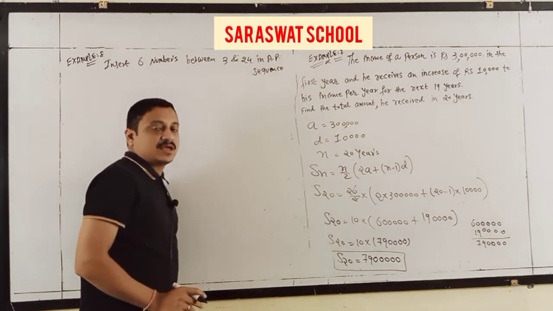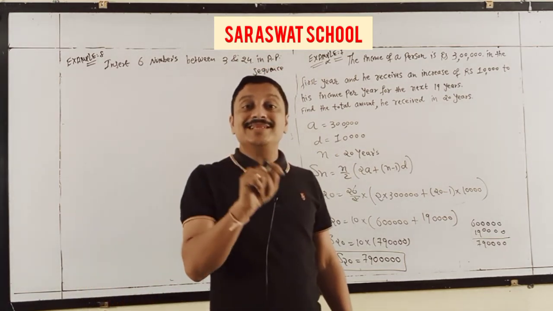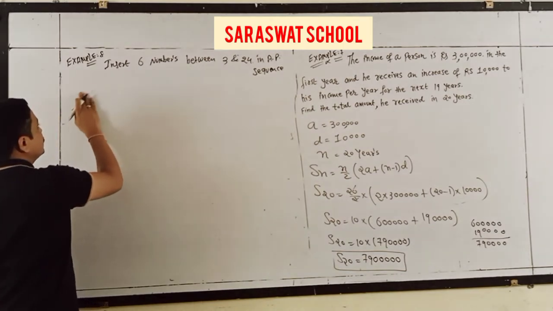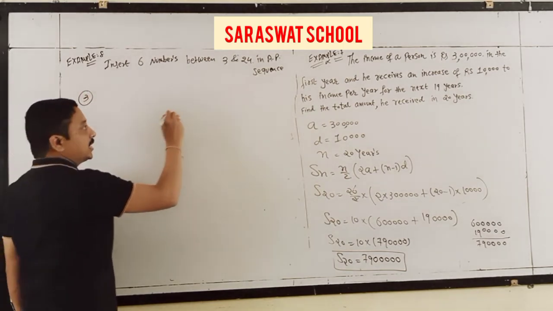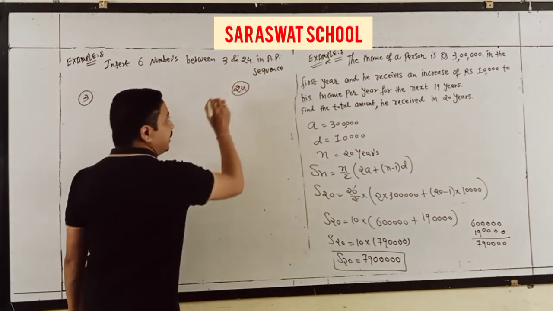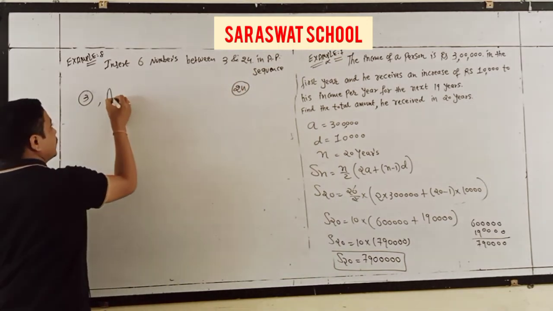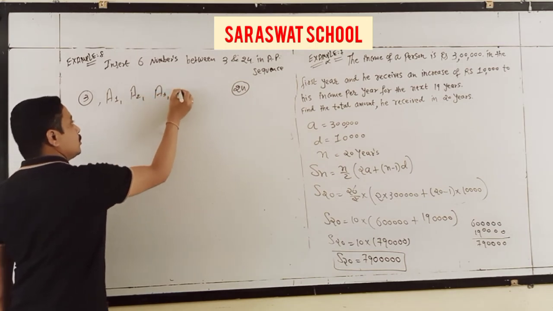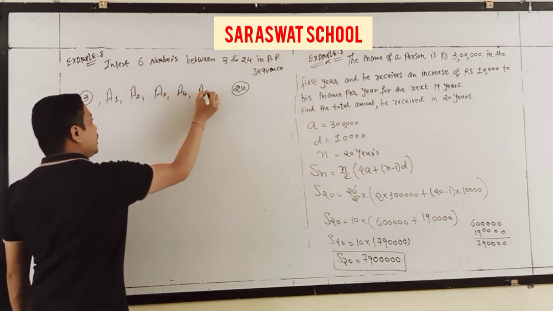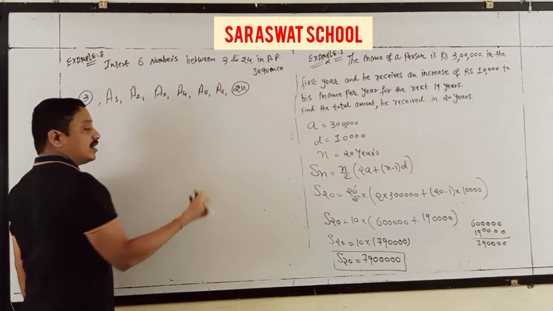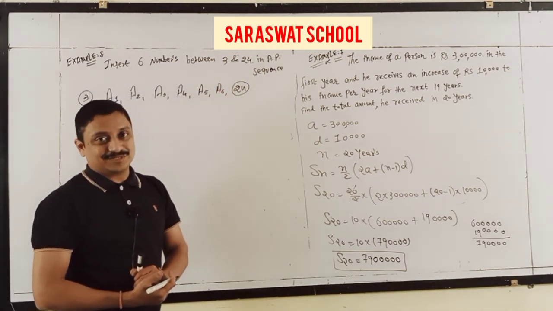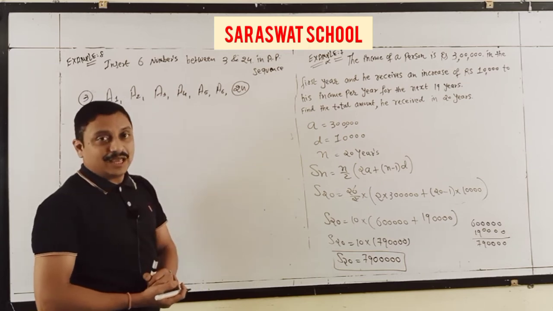Very easy. I want a total of 6 between them, given 3 and 24. So here, students, write down 3, then 24, and the remaining are A1, A2, A3, A4, A5, A6, which are 6 arithmetic progression terms between 3 and 24, and all are in AP.